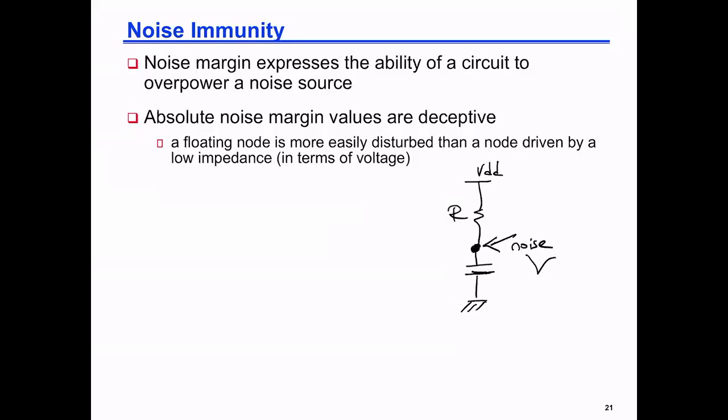The capacitor takes time to charge. Who is holding the node to VDD? The capacitor is a reservoir. The resistor. So the resistor is really what is connecting the node to VDD.